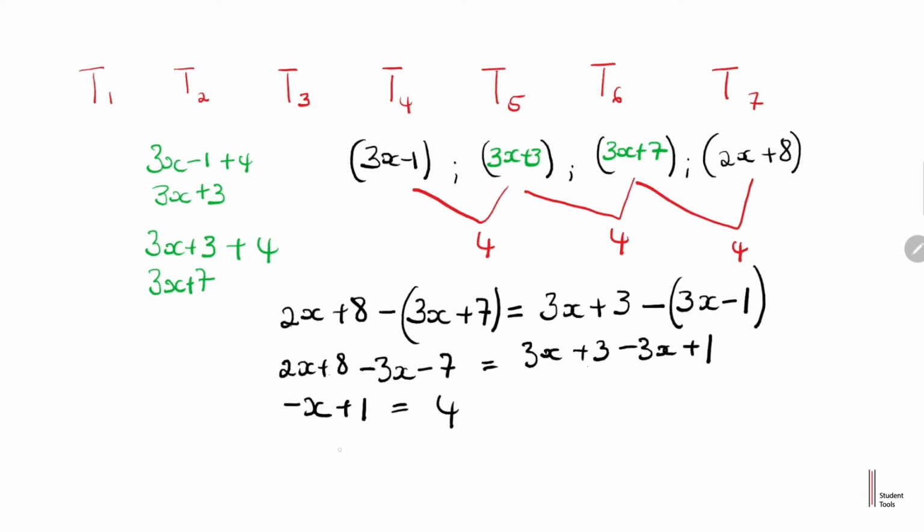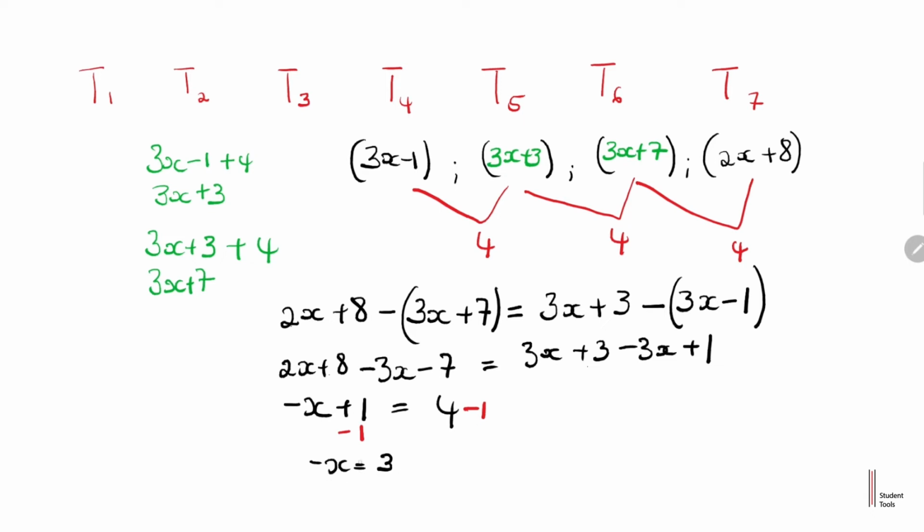Okay, now we are supposed to take the positive 1 from the left hand side to the right hand side. So we will do that by subtracting 1 here and also subtracting 1 on the right hand side. So minus x will be equal to 4 minus 1, that's a 3.